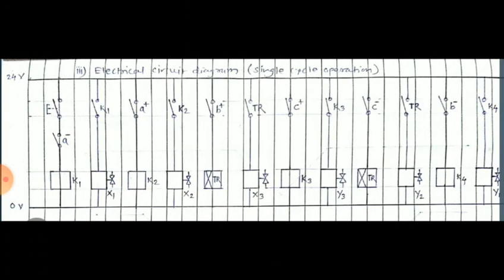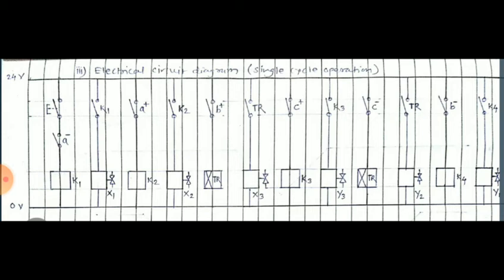Now the electrical circuit diagram for single cycle operation. First see the sequence: A plus, B plus, delay, C plus, then C minus, delay, B minus, A minus.